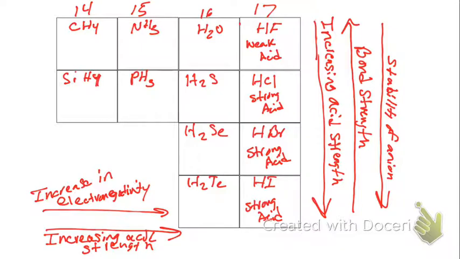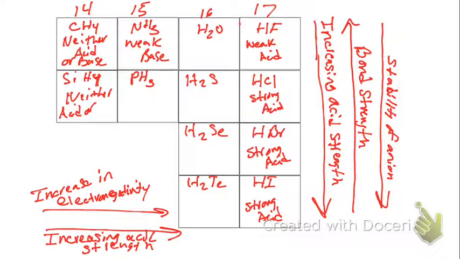All right. So again, essentially, this is neither an acid nor really a base. And ammonia is more of a weak base. Water is amphoteric. It can be either one, but it's a fairly weak acid and a fairly weak base. SiH4 is also neither an acid nor a base because they are nonpolar.